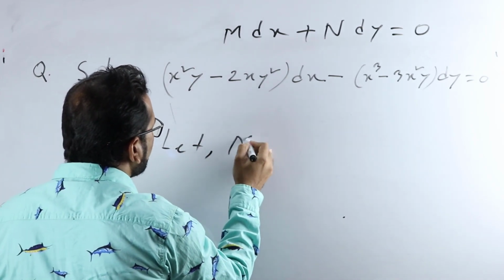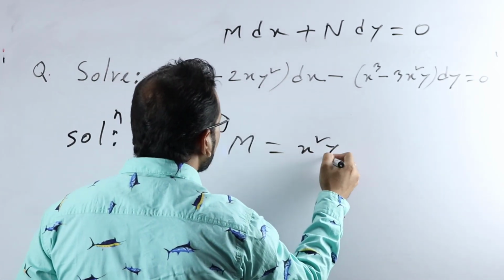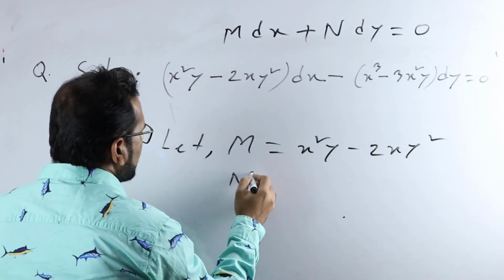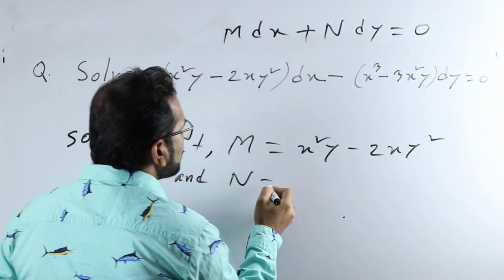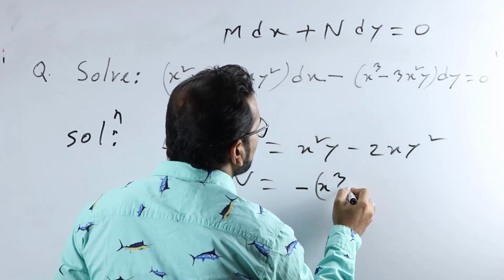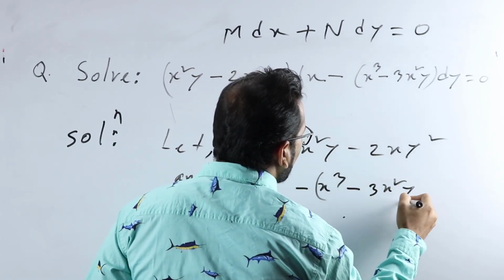Let M is equals to x square y minus 2x y square and N is equals to minus x cube minus 3x square y.